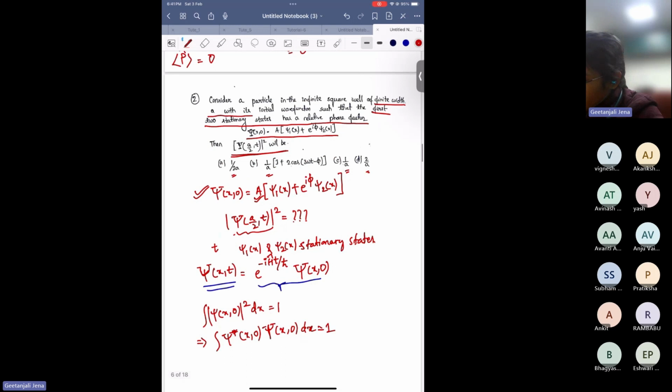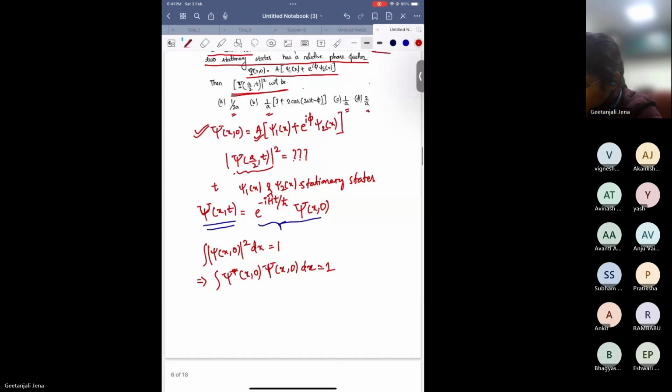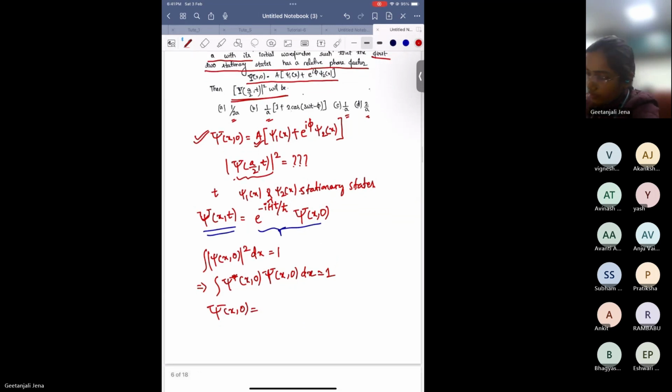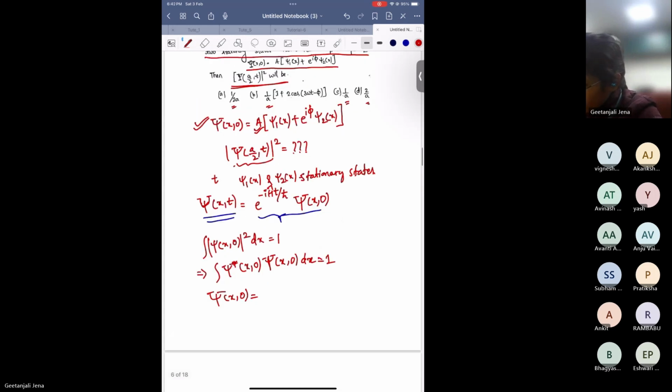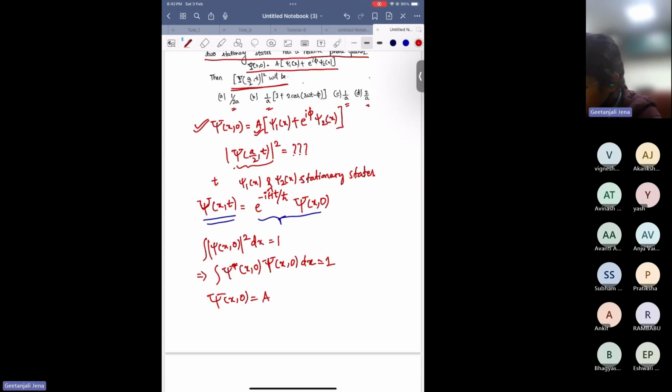So psi(x,0) is given to you: A times (psi 1(x) plus e to the i phi psi 2(x)).